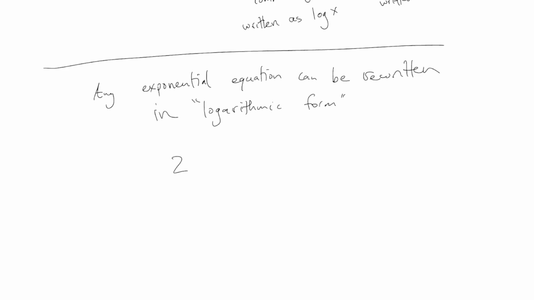There's nothing too fancy about this, but you just have to know where everything goes. So this is the exponential form. I'm trying to write 2 to the power x equals 8. This is the exponential form of that statement. But you can write it the other way around, instead of using an exponential, using a logarithm, and it looks like this. Log base 2 of 8 equals x. This is the same thing, but written in logarithmic form.